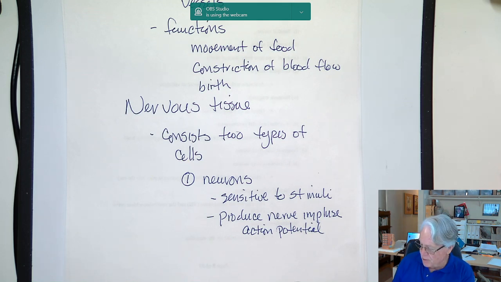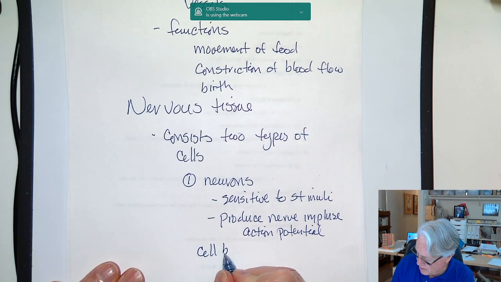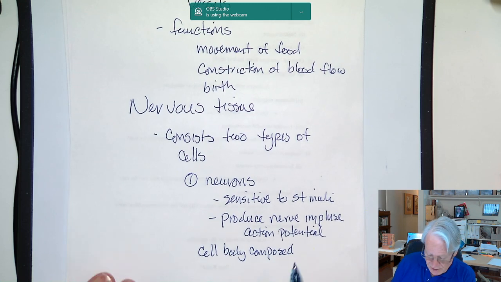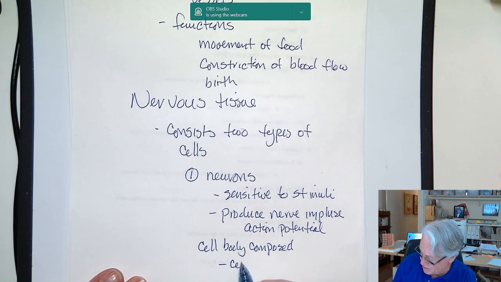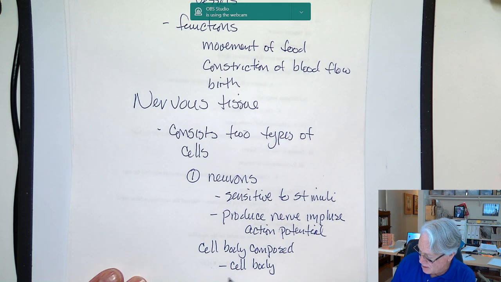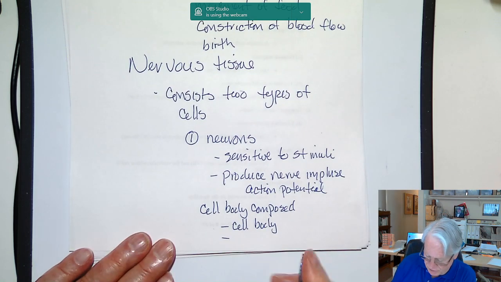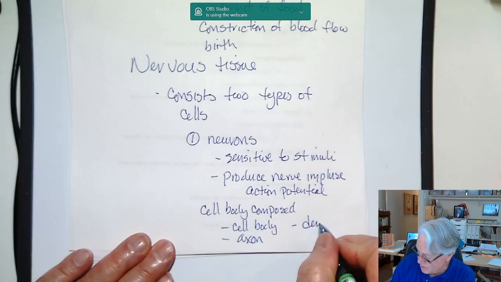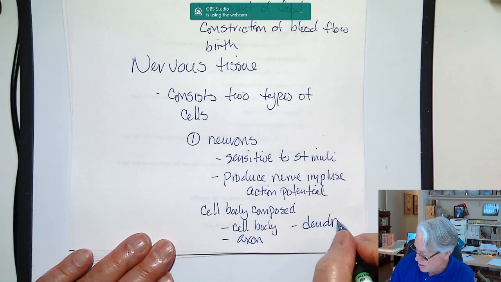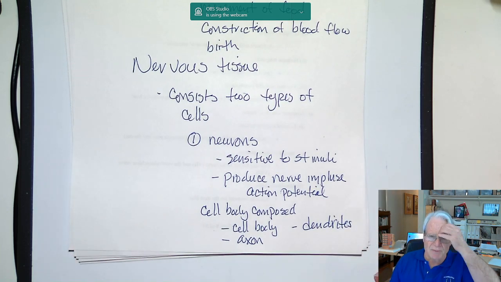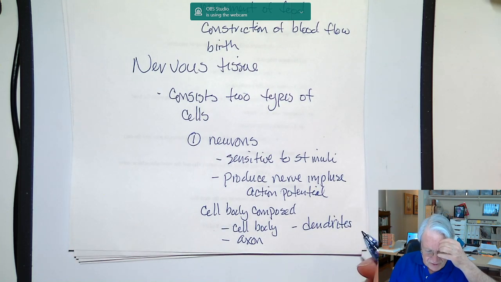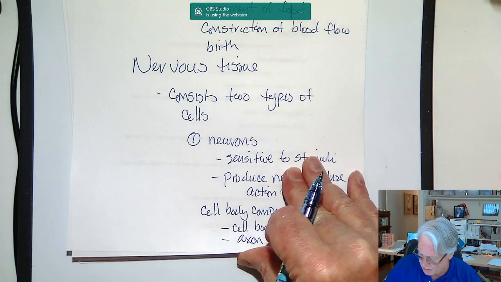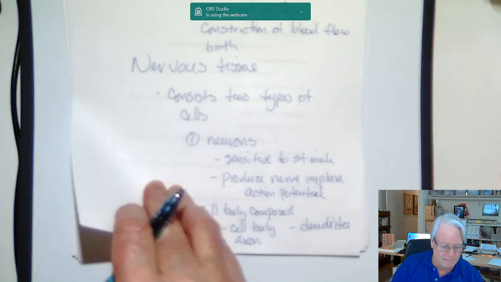The cell body is composed of parts. So we have the actual cell body itself. We have what is called the axon, which is a long process, and we have dendrites. That's typically what we would see. There are, of course, great variations in the different types of cells, but they're all varied around this central idea. Let's go ahead and take a quick look at that before we talk about the second type of cell.